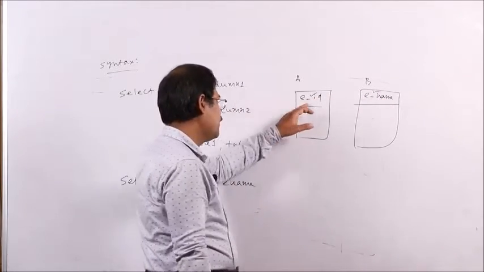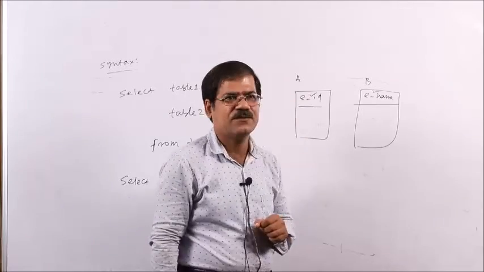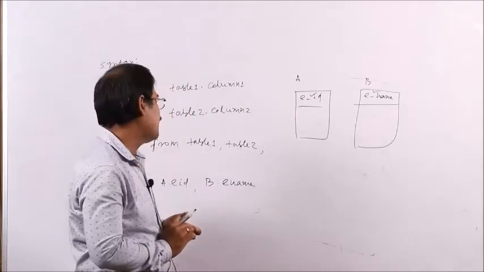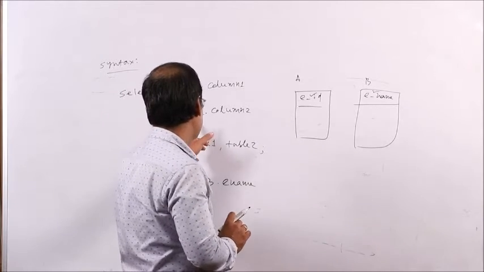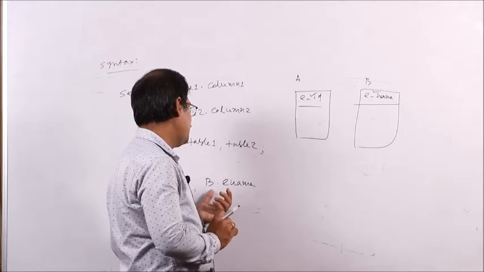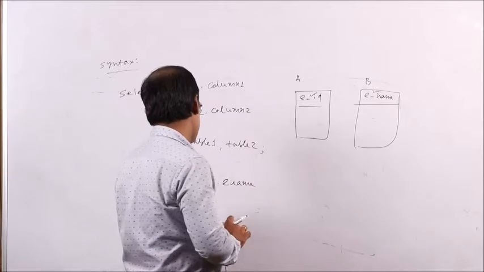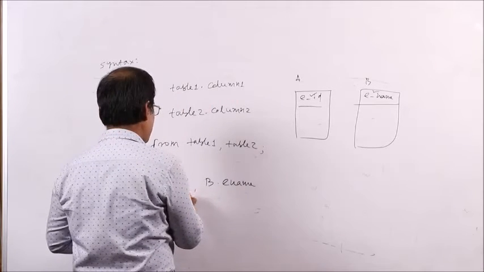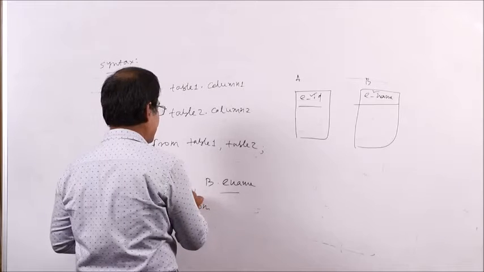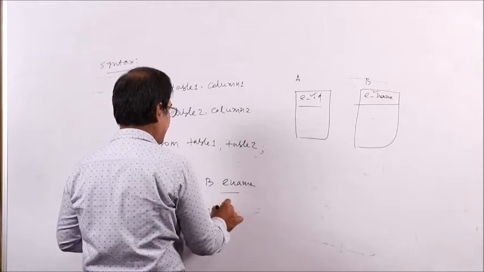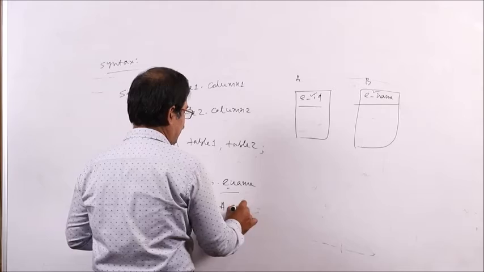So, this field belongs to which table, that is first table. The table name is A. In place of table 1 you write A dot EID, table 2 is B dot ename, from which table. So, these two fields we can retrieve from which table. So, this EID is from table A, your table name is A, and this is from table B.